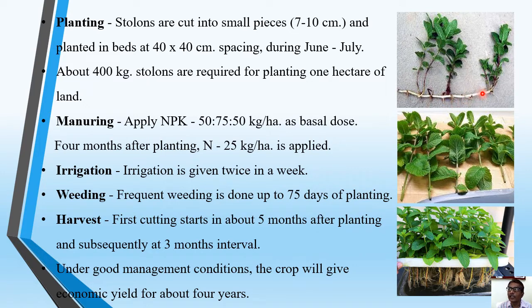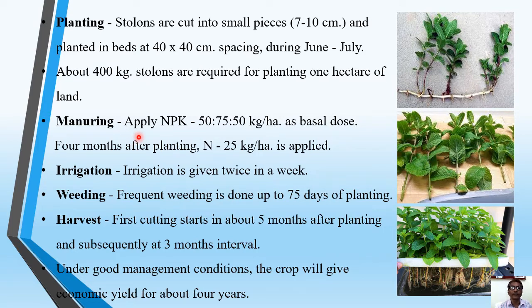We can cut this stem from this region, and such cut stolons we can use as the planting material. This is the second thing. Now here the terminal tips are generally used as the planting material. See, profuse rooting is developed on such terminal cuttings.